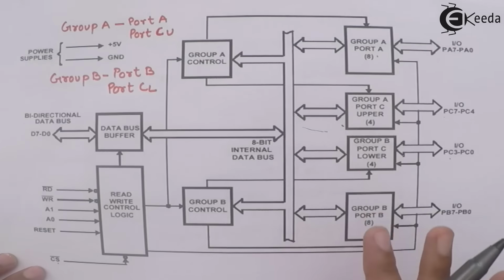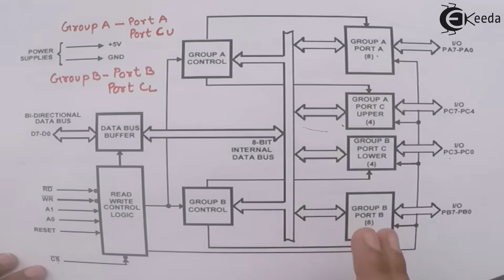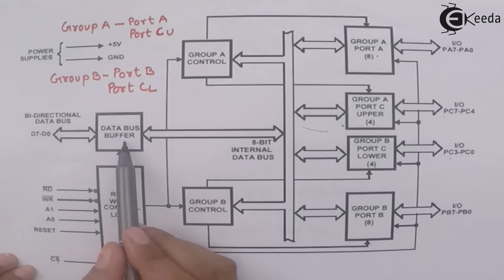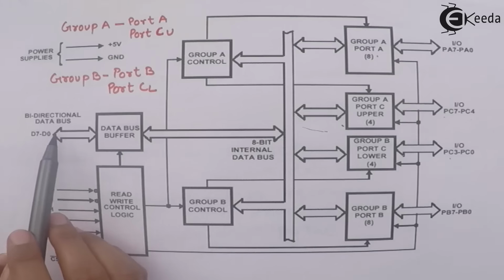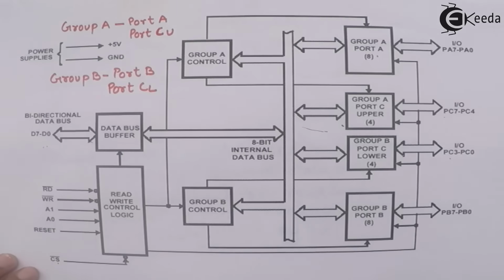All these 4 ports can act as input output ports. Then we have the data bus buffer, which is connected to the bidirectional data bus of the microprocessor, and the read and write control logic provides the control signals to group A control and group B control. So this is the block diagram of 8255.